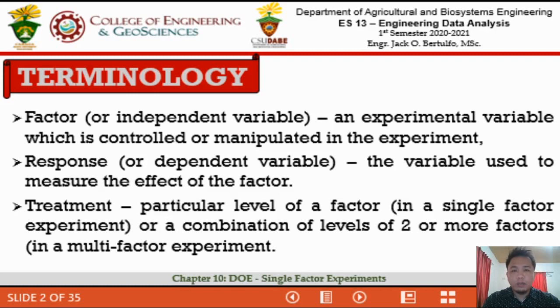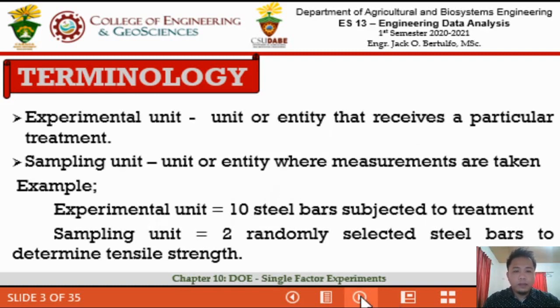Since we're talking about single factor for this chapter, treatment is just the level of a factor. Let's say we have a factor of speed. Then treatment is the level of speed, so let's say 100, 200, and 500 and so on. So that's a treatment.